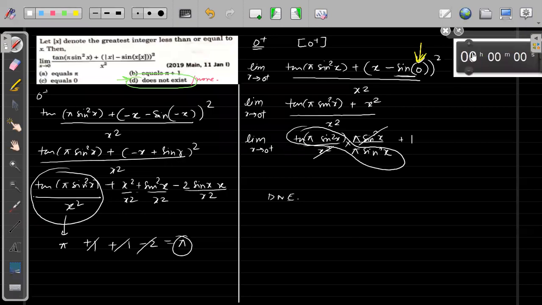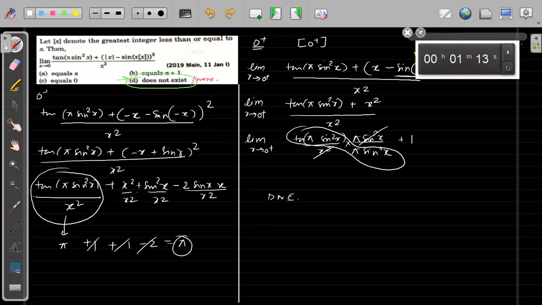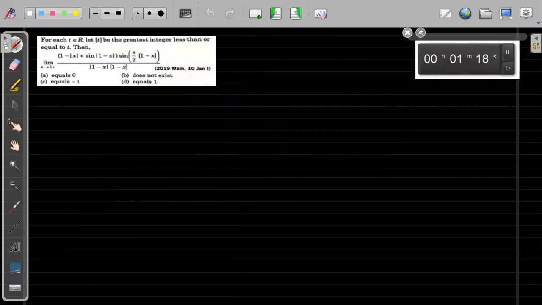Fine. Okay. Next question. Again, previous year question, 2000. Okay, solve this one. Mr. Ranjit has got good vision. Okay. Yes, Anirudh.